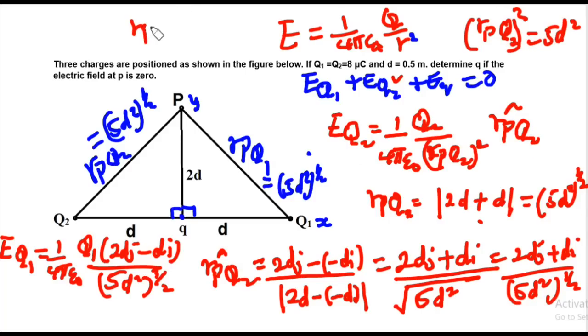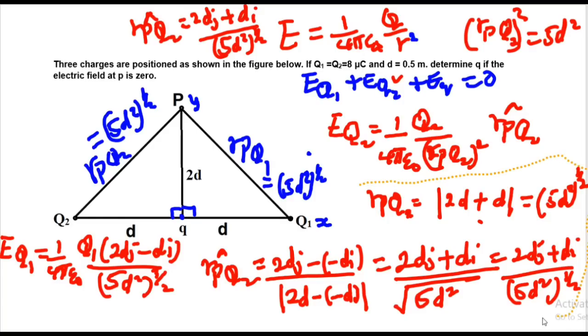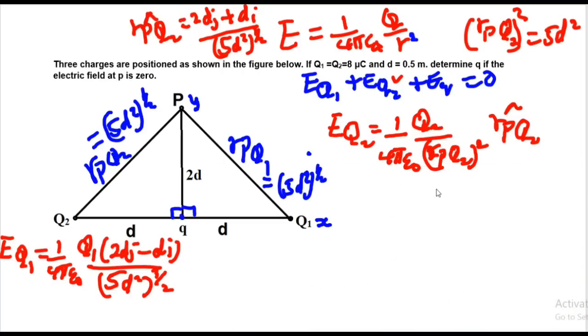So the unit vector in this direction, let us write it somewhere, RPQ2, we have it as 2dg plus di upon 5d squared to the power of half. So we shall be employing it in this formula to find the electric field due to Q2.